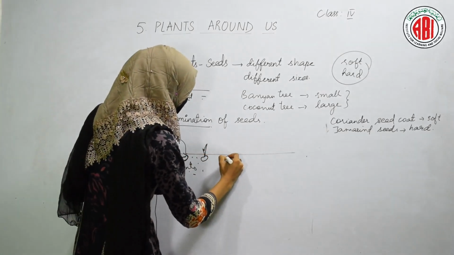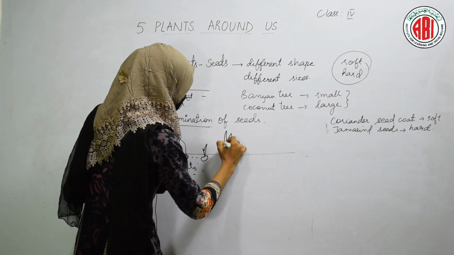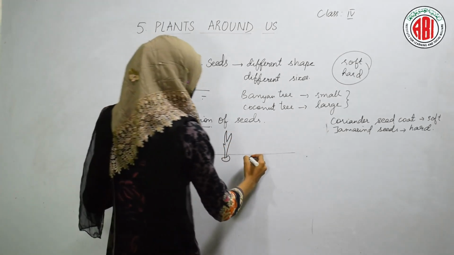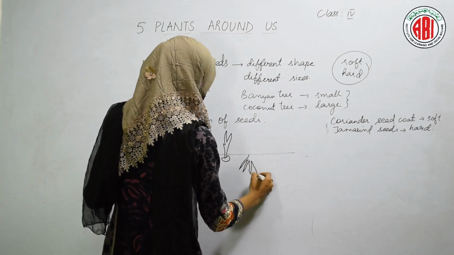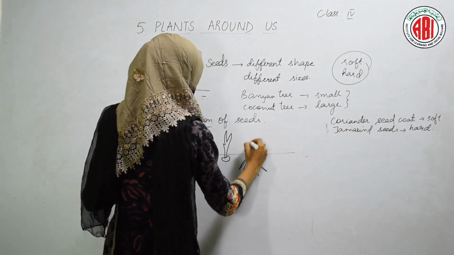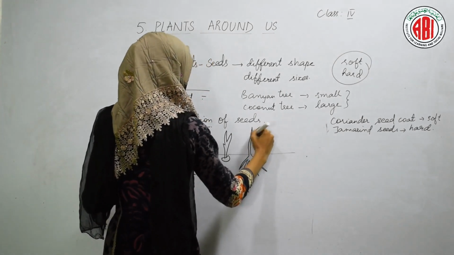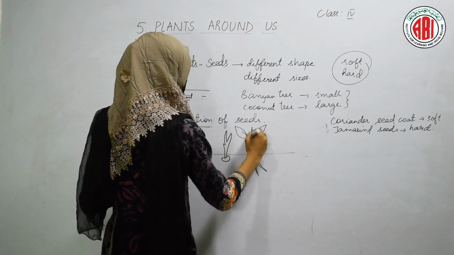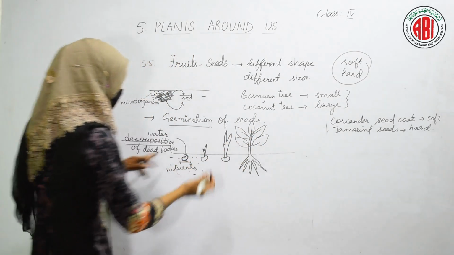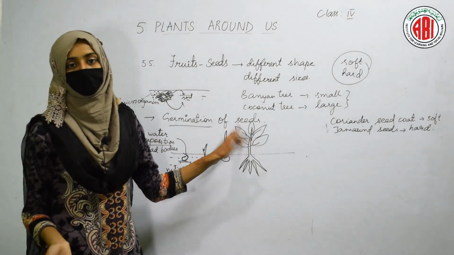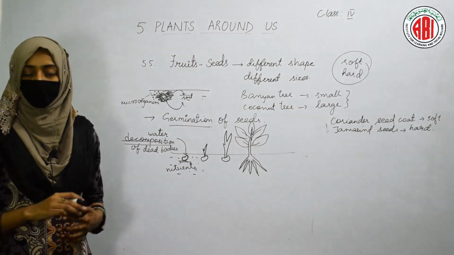After a few days, this will grow into a bigger size. Then you can see the roots grown into the soil, and the stem and leaves will be there. So a new plant can be grown from a small seed. This is what we call the germination of seed.